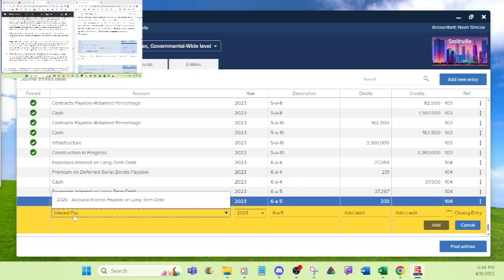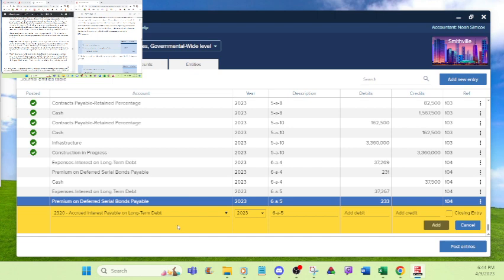Oh, it's not going to be interest payable. It's going to be accrued interest payable on long-term debt. That's fun.